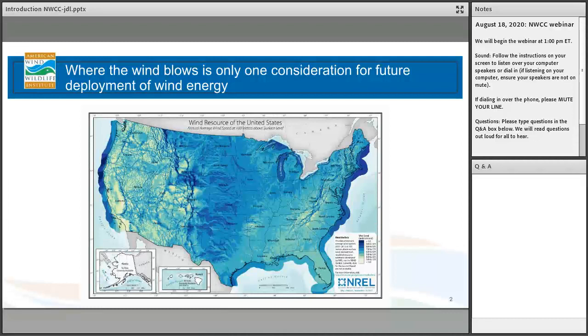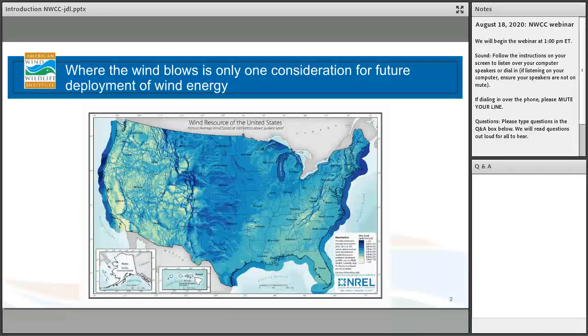I'm sure that almost all of us on the call can appreciate that for a whole variety of reasons, wind energy is going to play an increasingly important role in our electricity sector here in the U.S., but across the globe.